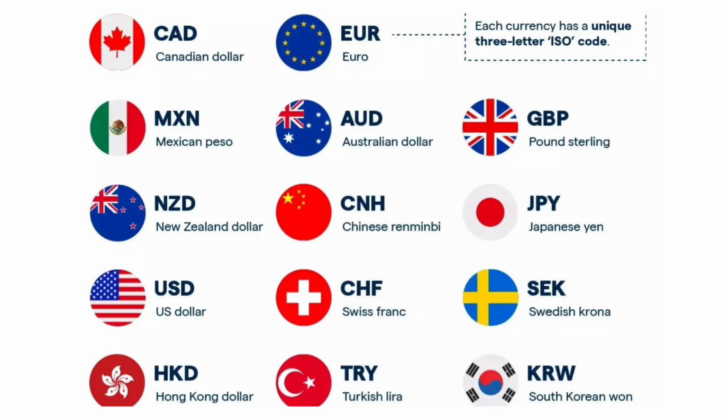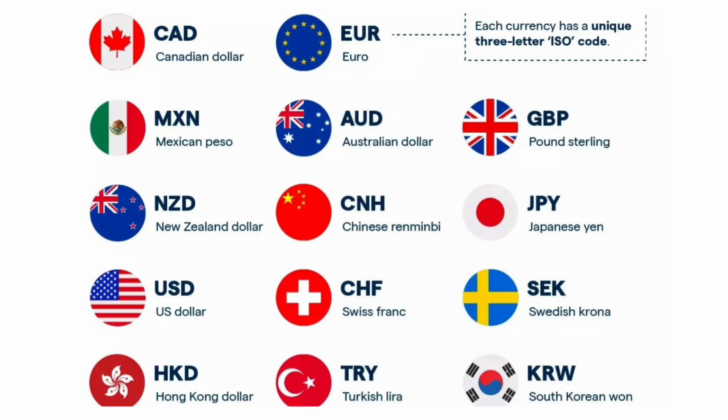Now, if you look at this three-letter code, the first two letters often represent the country, while the last letter represents the currency of that country. For example, we have CAD, where CA stands for Canada or Canadian, while the D stands for dollar.